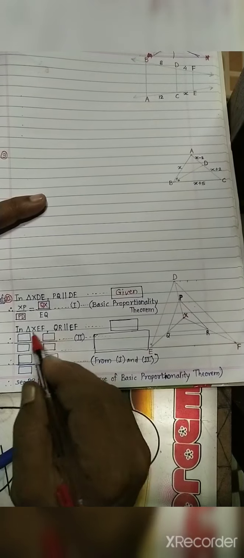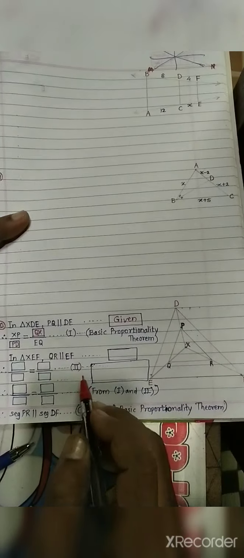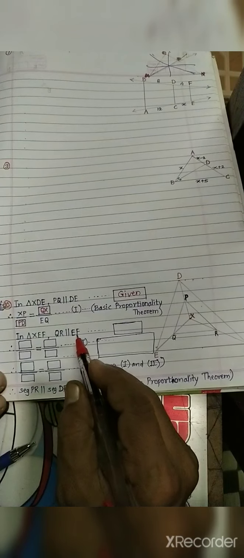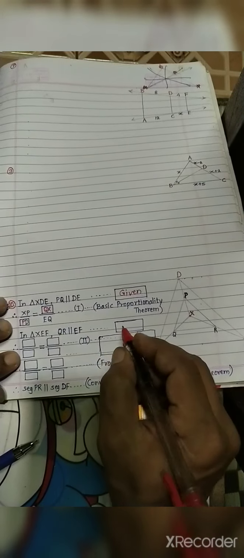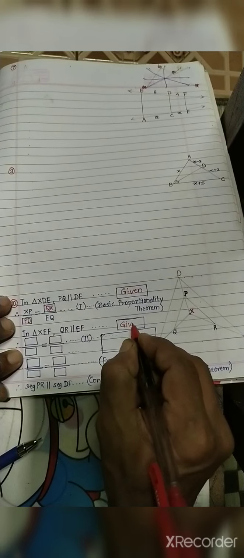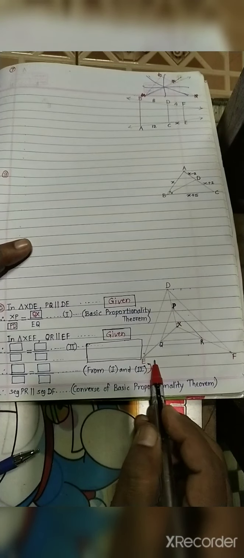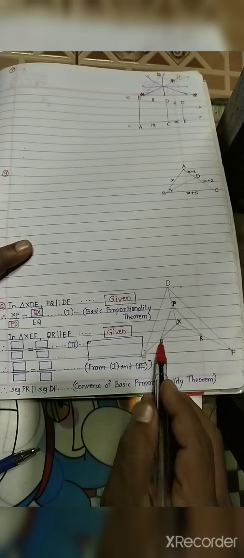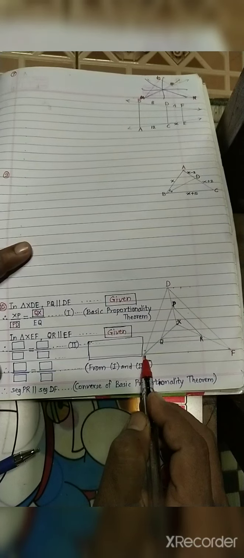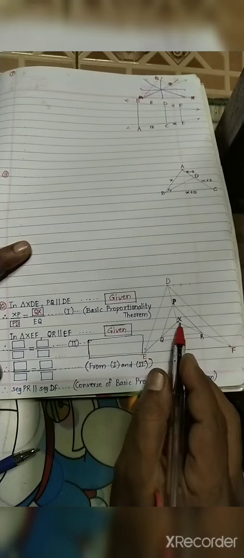So here in triangle XEF, QR parallel EF. The reason is given. Okay. So here seg QR parallel seg EF, so XQ upon QE is equal to XR upon RF.